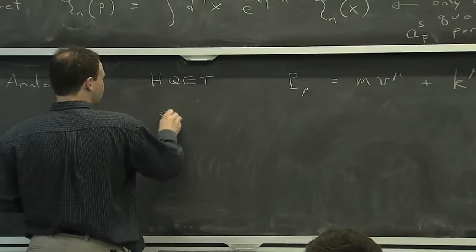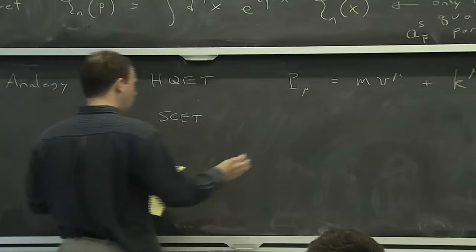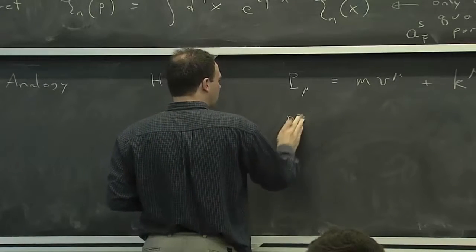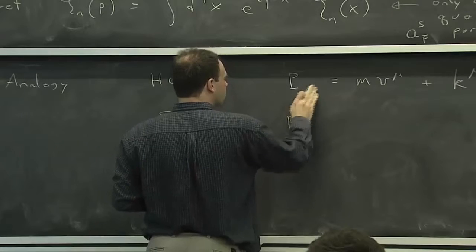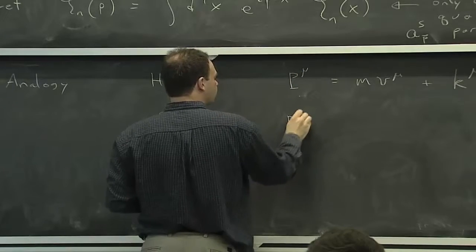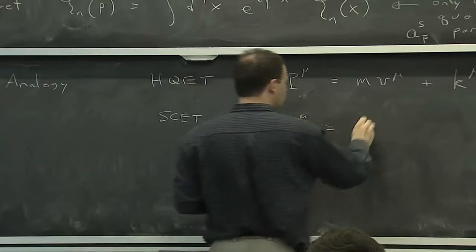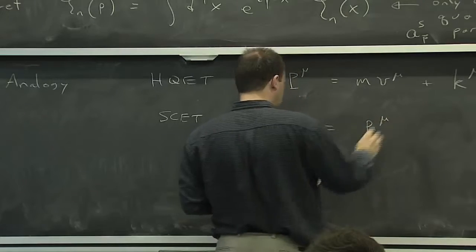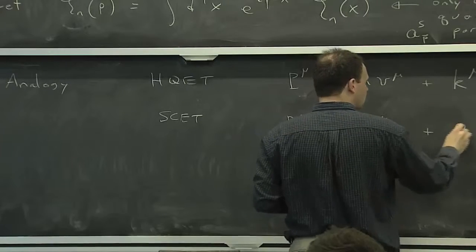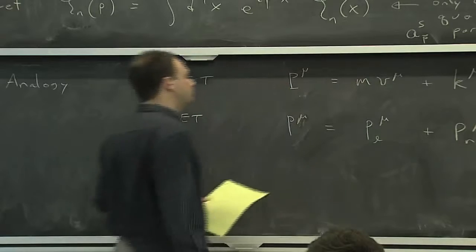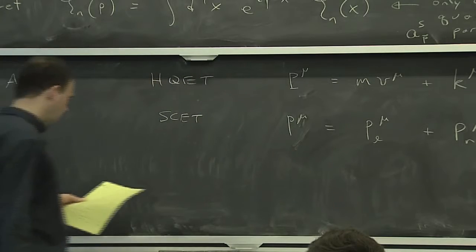And I'm going to do something similar in SET. I'm going to say I have a full momentum, move the indices up, that I'm going to split into two pieces because of the power counting. A big piece and a small piece.